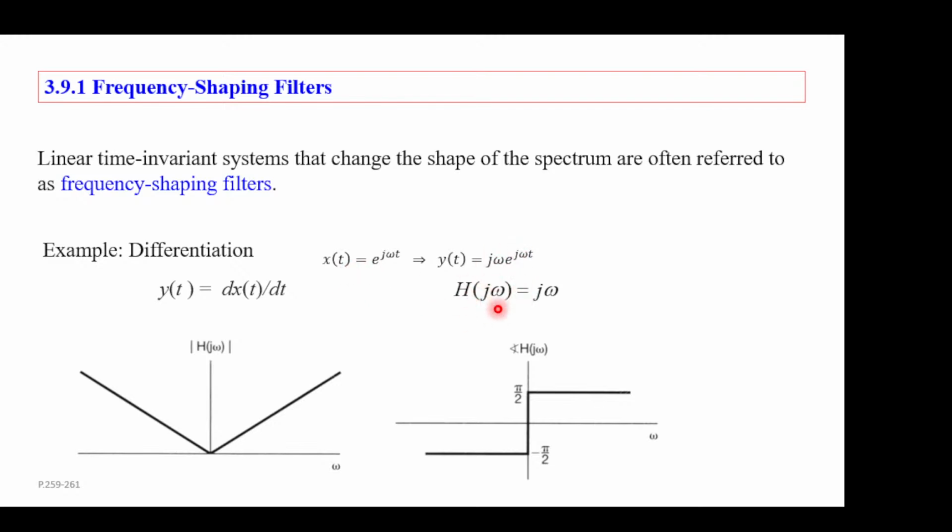H of j omega is the eigenvalue for e to the j omega t, and plugging in the differentiation, you see y of t equals j omega e to the j omega t. So this H of j omega is just j omega, and if you take the absolute value, it has this funny shape.